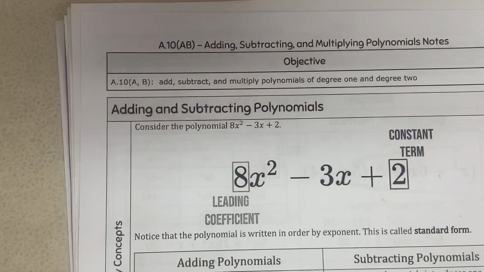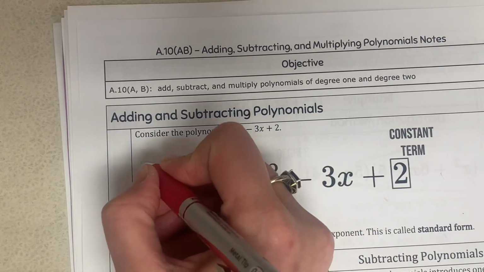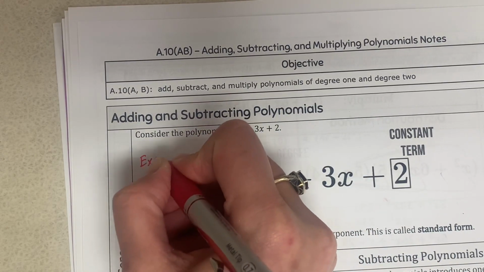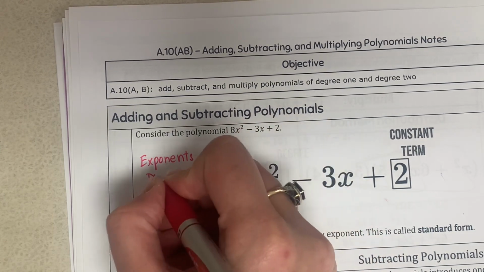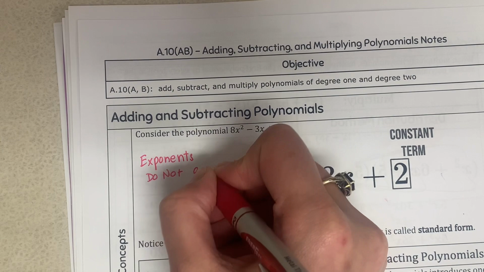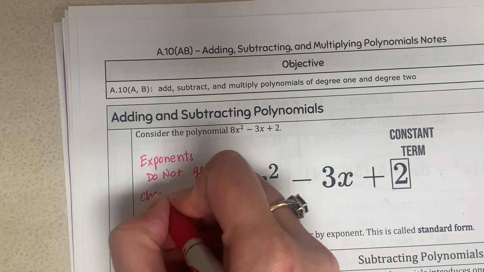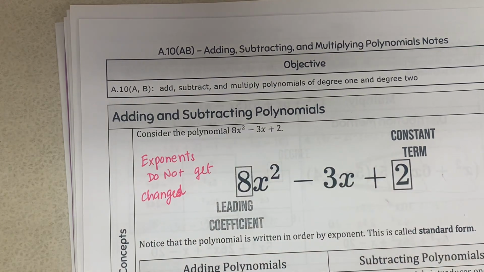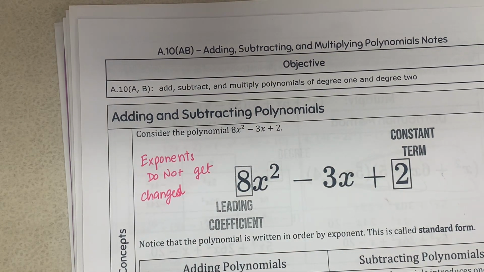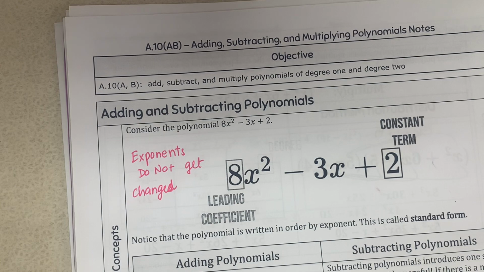So let's make a note of that. Exponents do not get changed. So x squared will remain x squared. It is not going to become x or x cubed or anything else.